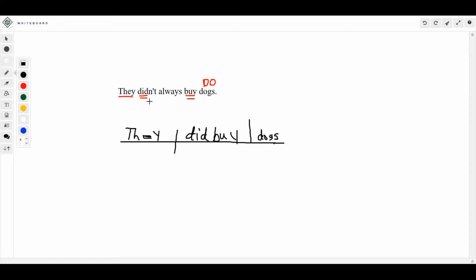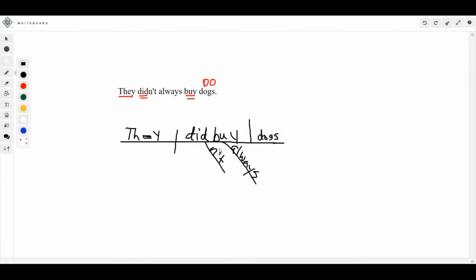Okay, so not or n't goes with this. Always tells when they bought or didn't buy. Okay, and that's it. So these words modify the verb because the not goes with did and always tells when they did not buy. So these are adverbs. That was a pretty easy sentence.